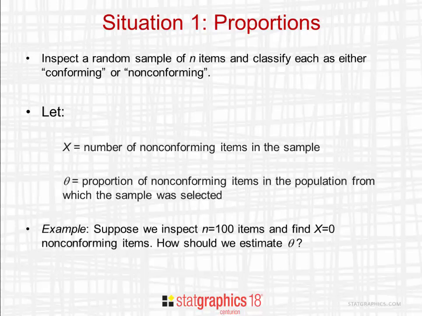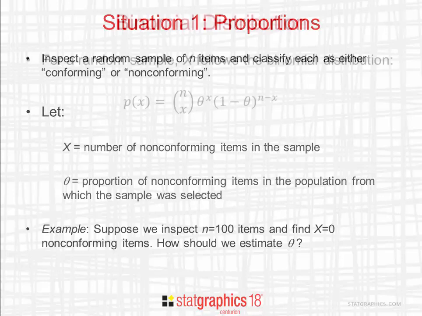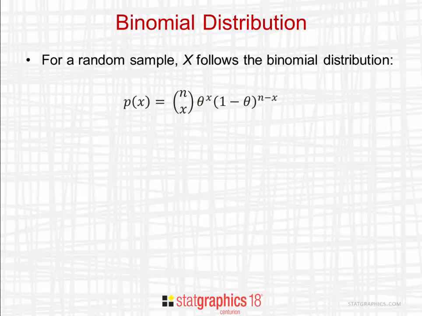For example, suppose we inspect n equals 100 items and find no non-conforming items. How should we estimate theta? If the n items are randomly sampled from a population, then x follows the binomial distribution shown here.